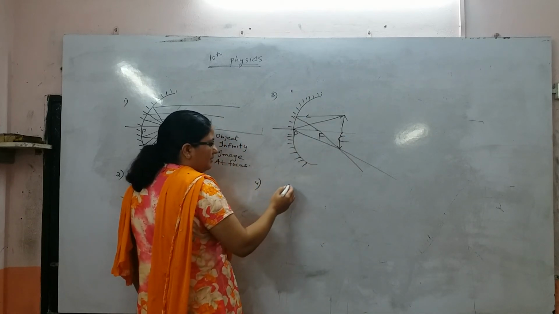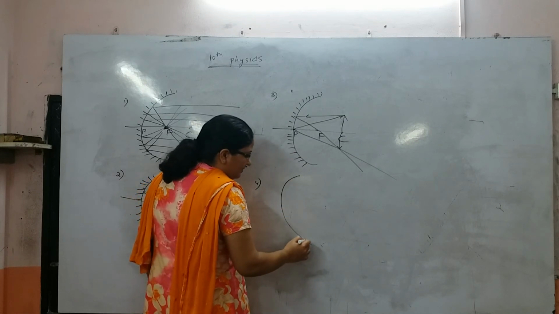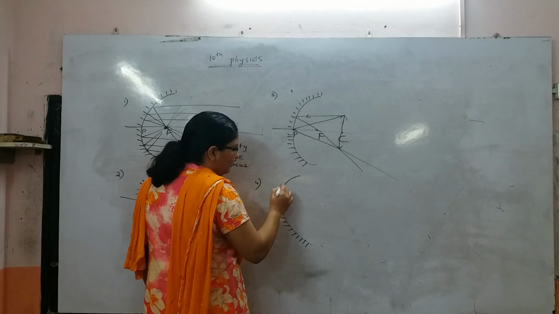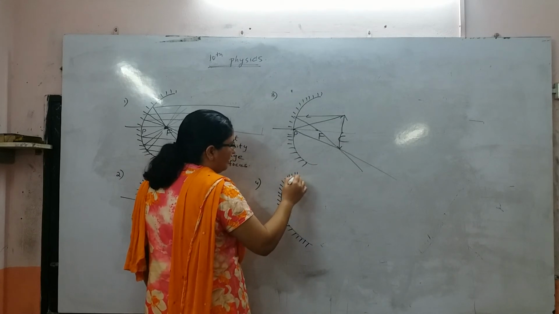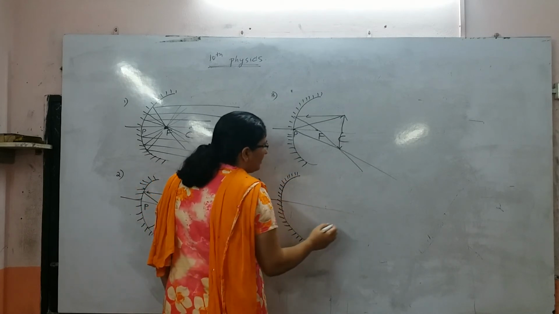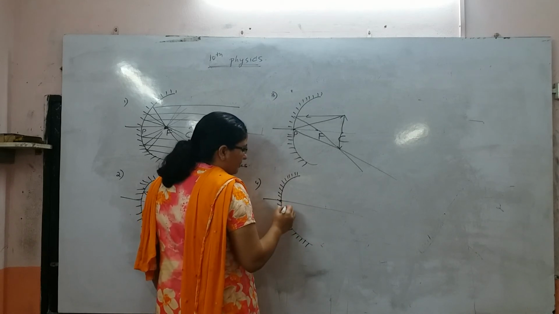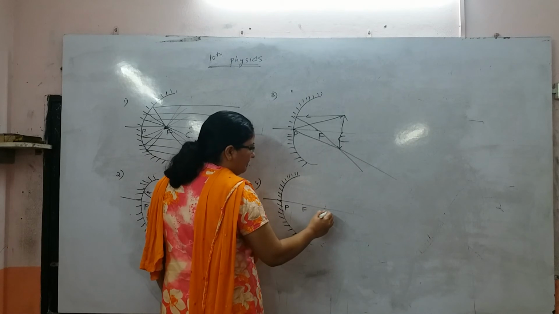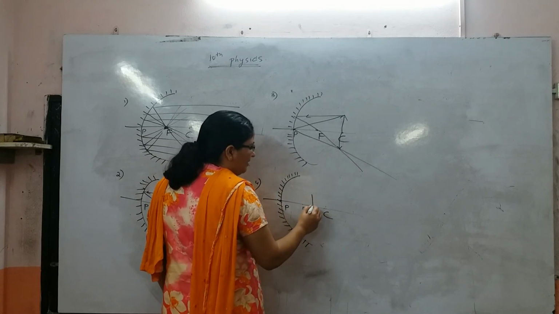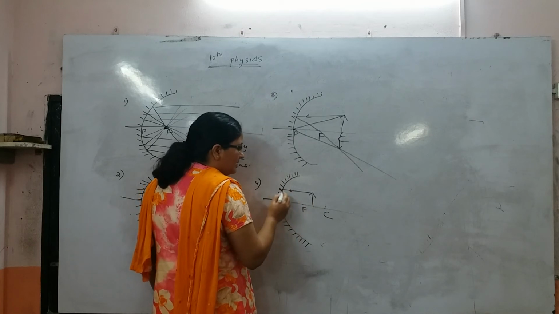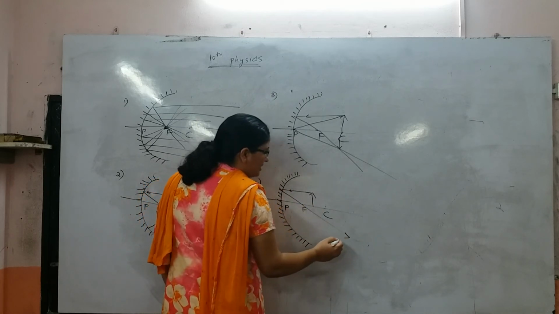Case 4. P, F, C. Now we are keeping the object between F and C. I will take 2 rays. One ray is parallel to the principal axis, then will pass through focus.